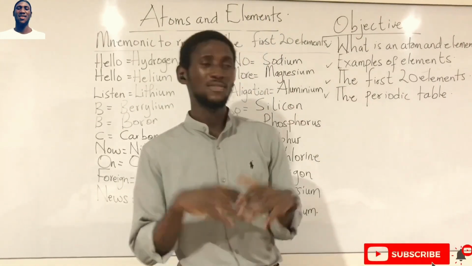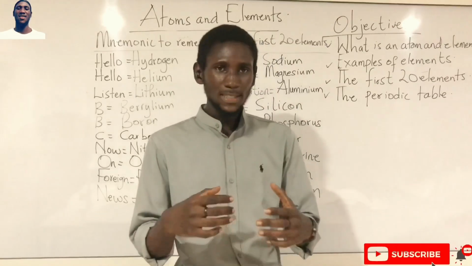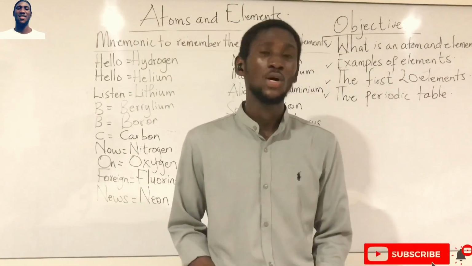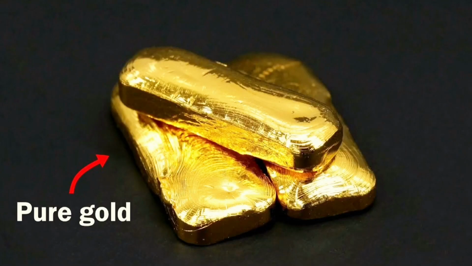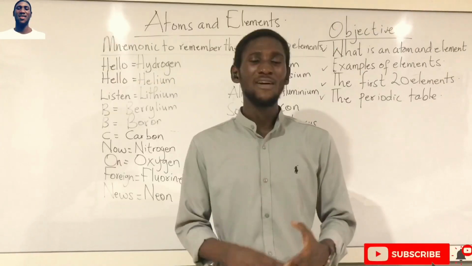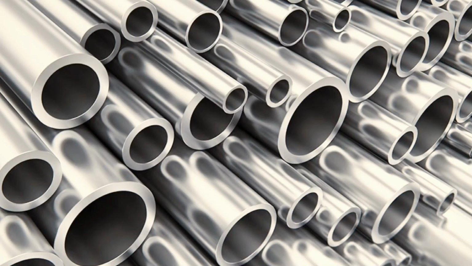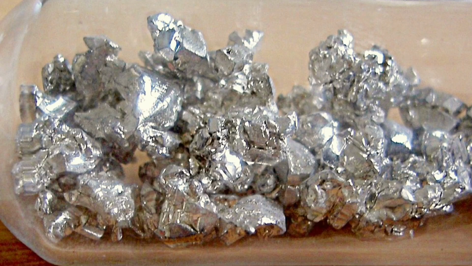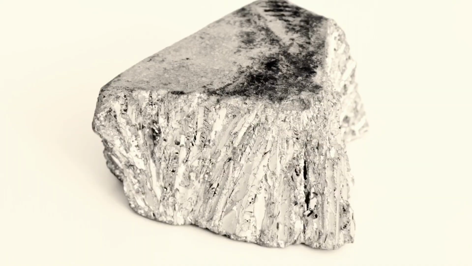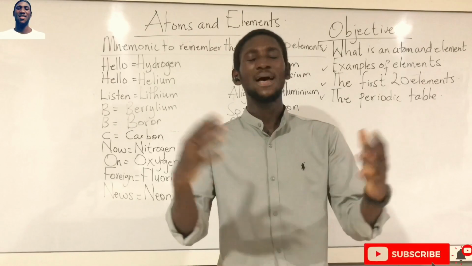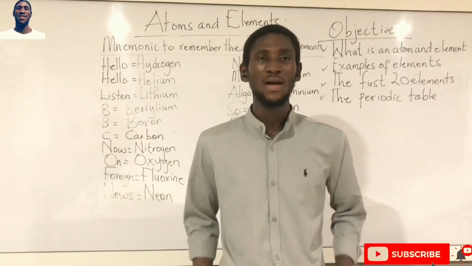Now, having laid this foundation, let's look at common examples of elements. We have gold, oxygen, platinum, aluminium, calcium in our body, zinc, manganese, lead. These are all examples of elements.